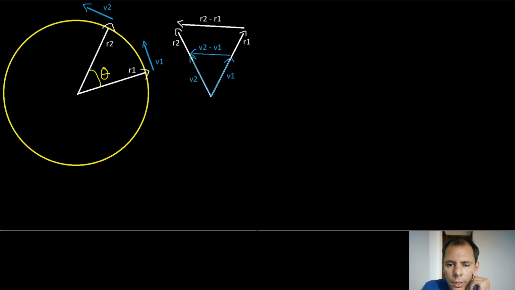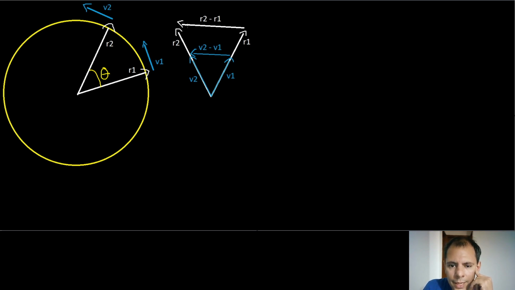So what you gotta do is to know that since these two triangles are similar, R1 minus R2 divided by R1, for example, is going to be the same thing as V2 minus V1 divided by V1.